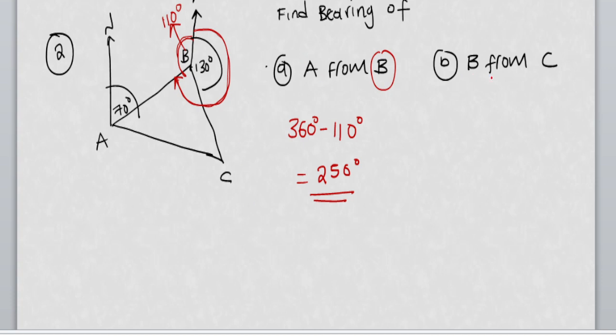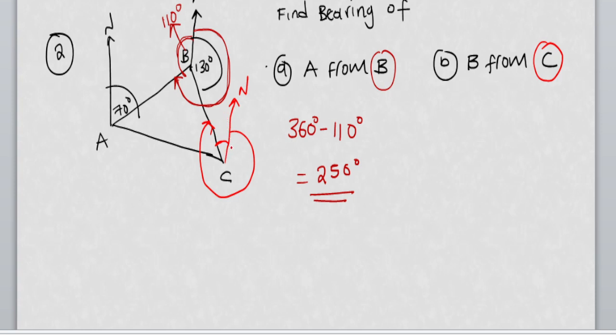We go to the other one. This is where C is, then the bearing of B from C. Do we have a north at C? We don't, so you create a north like that. After the north has been created, you move from C all the way to B. So we're looking for this bearing. We just find this gamma angle, then subtract from 360.